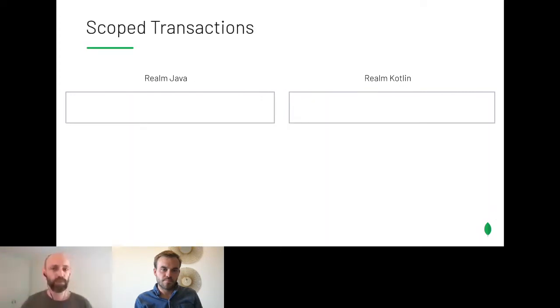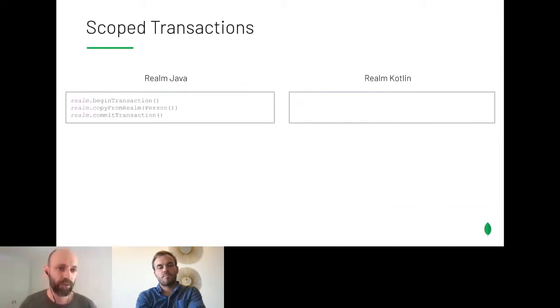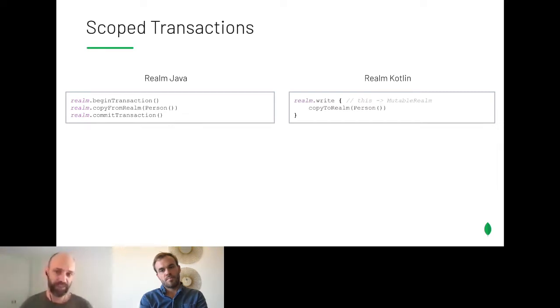With the shareable Realm instances of Realm Kotlin, updates must be done atomically. So with RealmJava, since we had a thread-confined instance of the realm, we could just modify it. In Realm Kotlin, we have to be very explicit on when the state is changed.